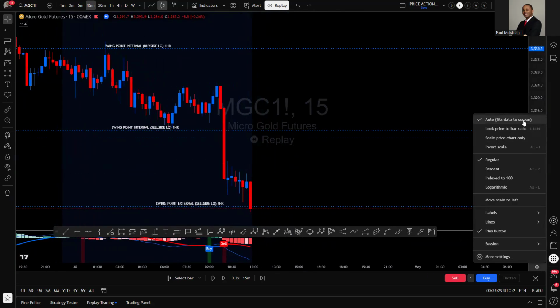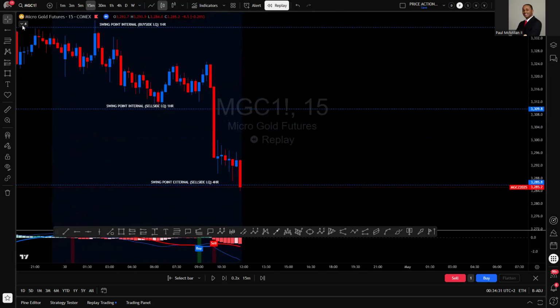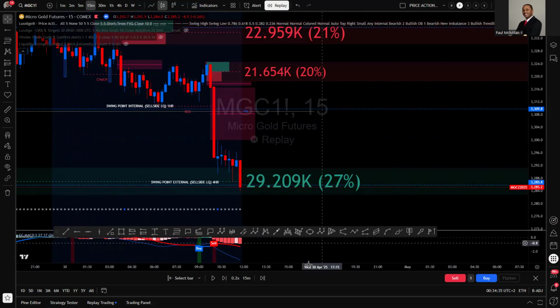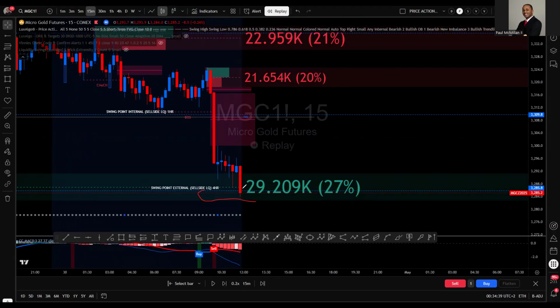But what we're going to do is turn on our indicator. So notice we have liquidity down here, and we're looking for a liquidity raid, but we have liquidity at this fair value gap.